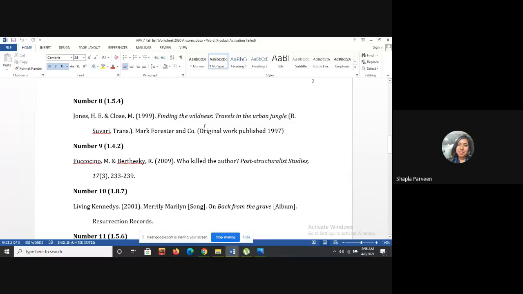Finding the Wilderness, Travels in the Urban Jungle, that's the name of that book. In brackets, you write the translator's name. So the translator's name is given, R. Suvari, then comma, trans. Trans stands for translation. And then the name of the publisher, which is Mark Foster and Co. And in brackets, you need to write original work published in 1997. Okay, so check rule number 1.5.4. Check that rule number.